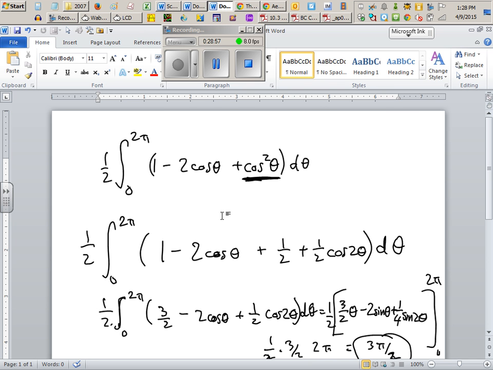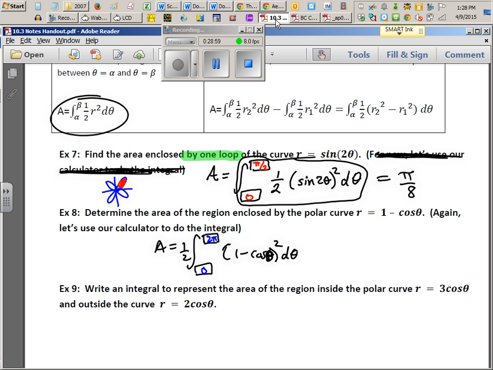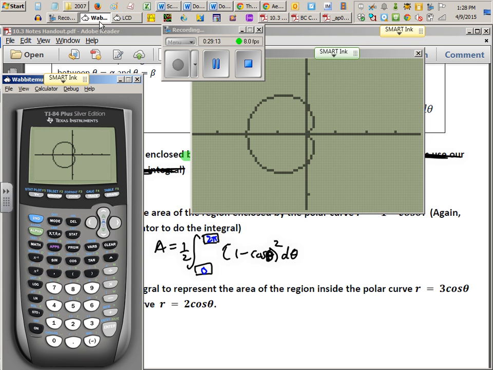Let's go to the third example. Write an integral to represent the area of the region inside the polar curve r equals 3 cos theta and outside the curve r equals 2 cos theta. Okay, so there are 2 things going on. There's a 3 cos function and there's a 2 cos function.